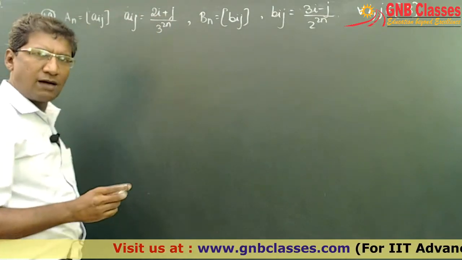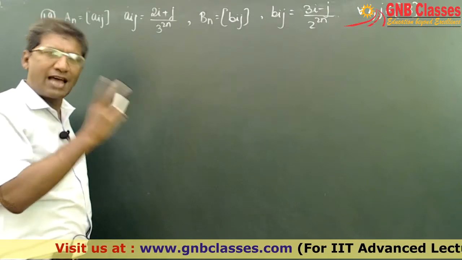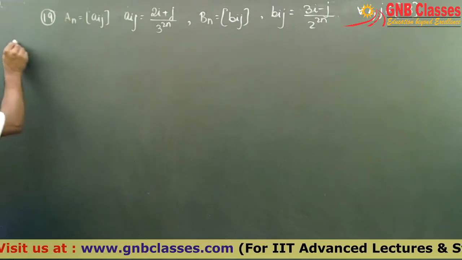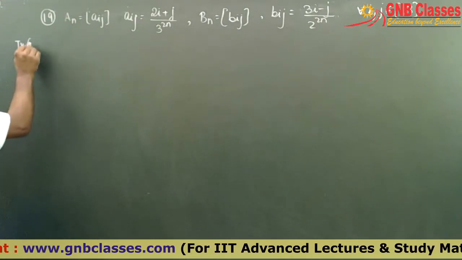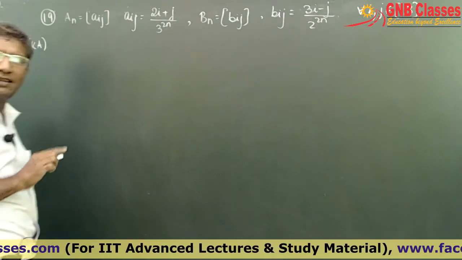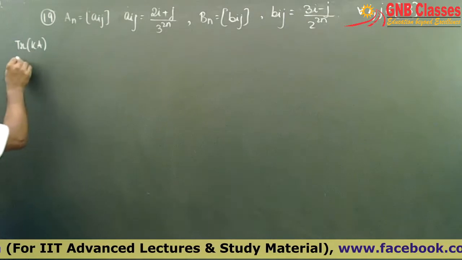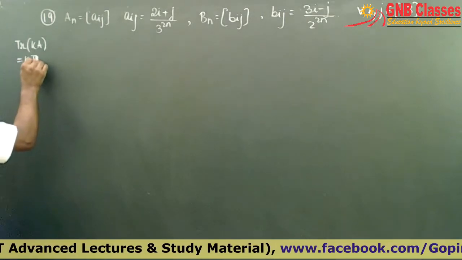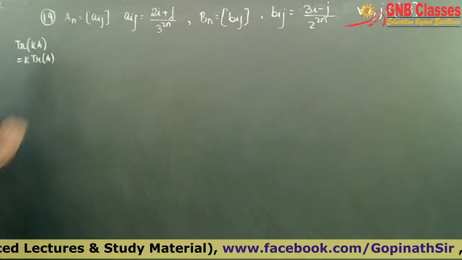Now, before starting the sum, you must remember two things. I hope you know this. Number 1: trace of any matrix A multiplied with the scalar k will give you k times trace of A. Is it clear?